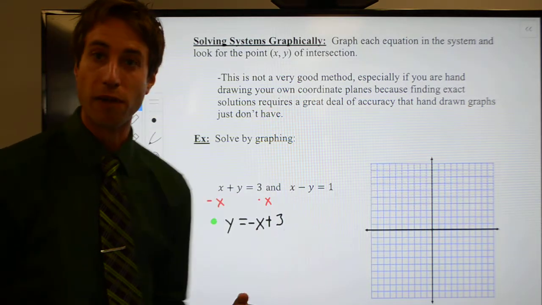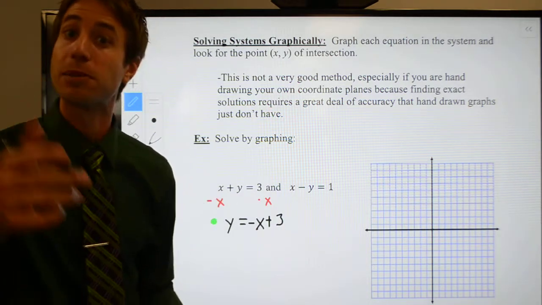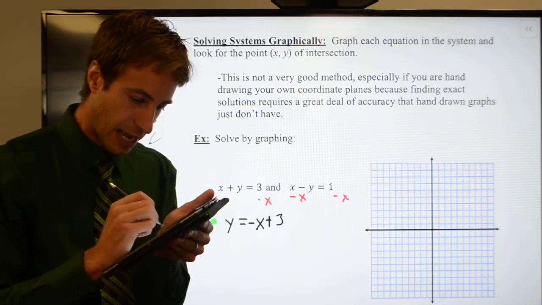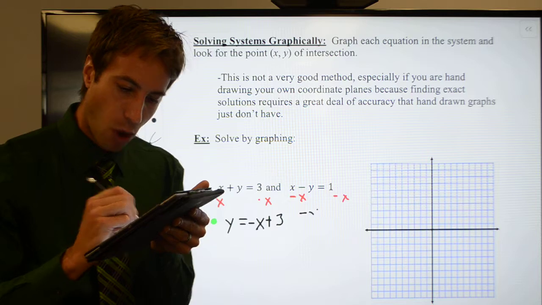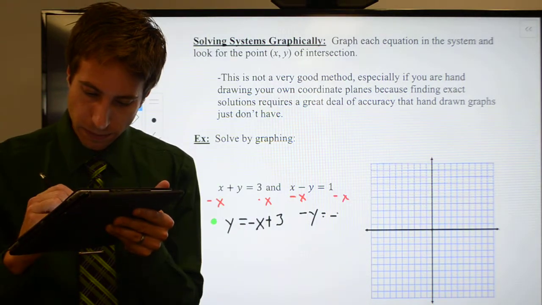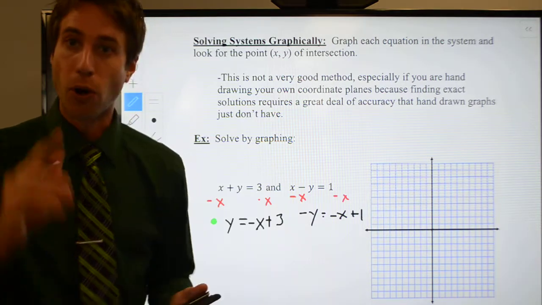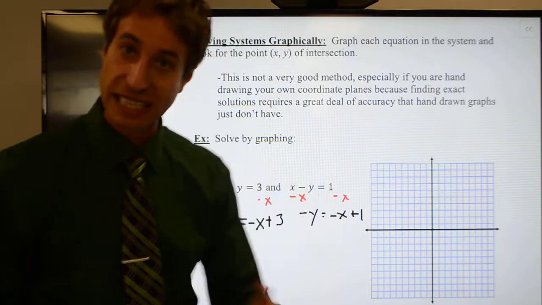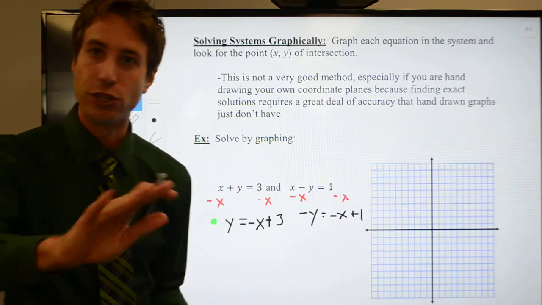To solve this one for y, I'm going to need to again subtract the x from both sides, minus x, minus x. That's going to leave me with negative y equals negative x plus 1. Problem. I need to solve for y. I do not have the y by itself. I need to get rid of that negative sign.